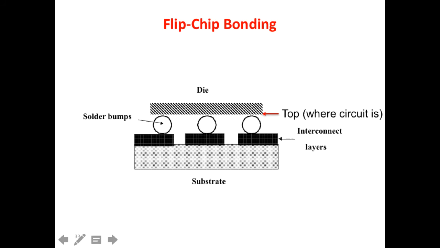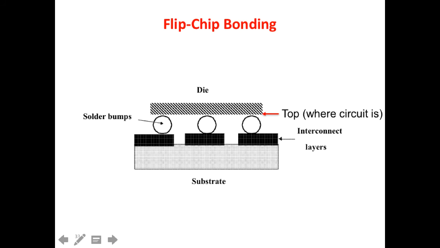The other possibility, which is very common now, is flip chip bonding. This is extremely common for chips with a very high pin density and a very high input-output data rate. You basically have a substrate of the package with all these metal lines already interconnected with the external pins.